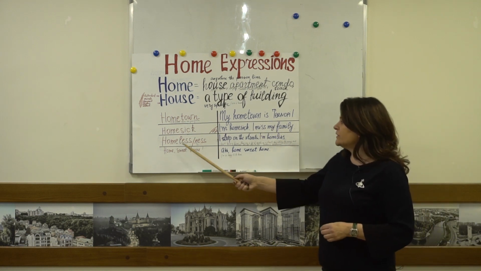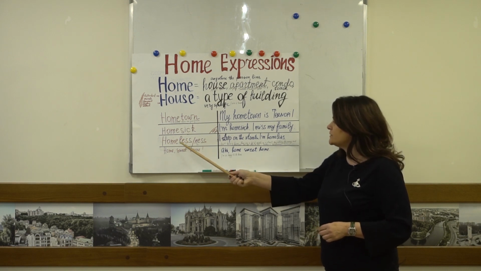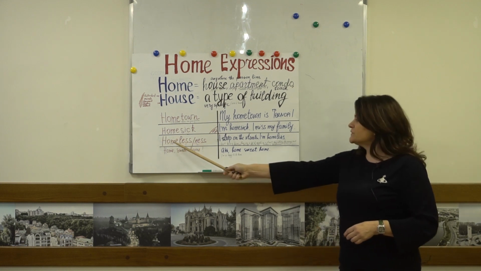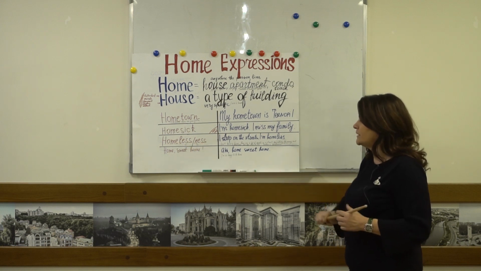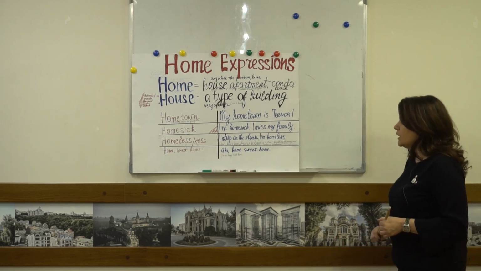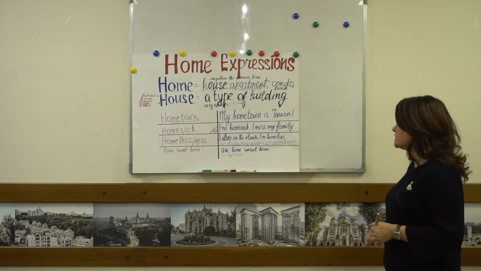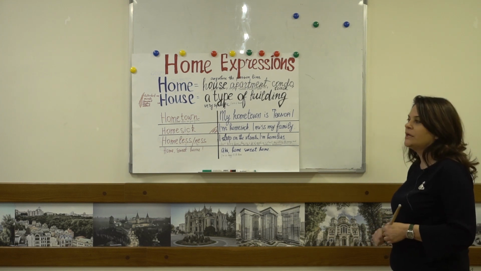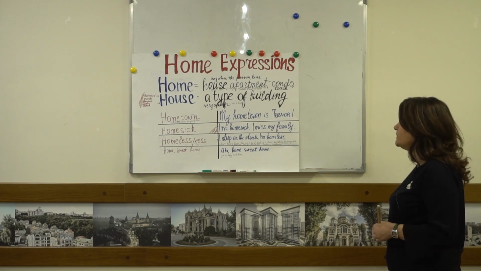The next very interesting word is homeless, and the next one is homelessness. As to the part of speech, homeless is an adjective and homelessness is a noun. You know that nowadays there are a lot of people on the streets who are asking for money, for food, for a place to sleep.